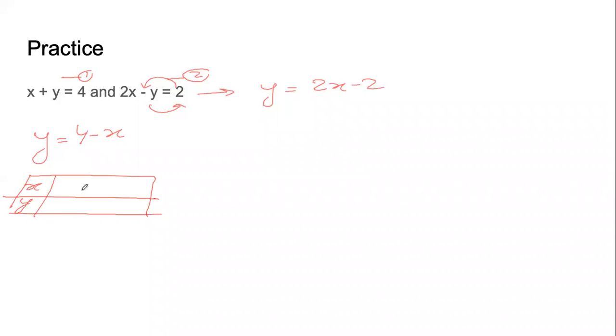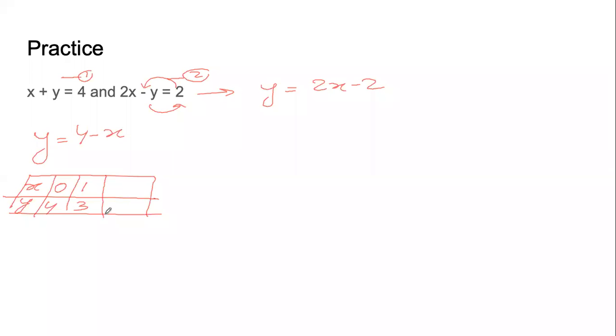So if we take x equals 0, 4 minus 0 is 4. So if we take x equals 0, y becomes 4. Should be very, very easy. If we take x equals 1, then y becomes 4 minus 1, which is 3.